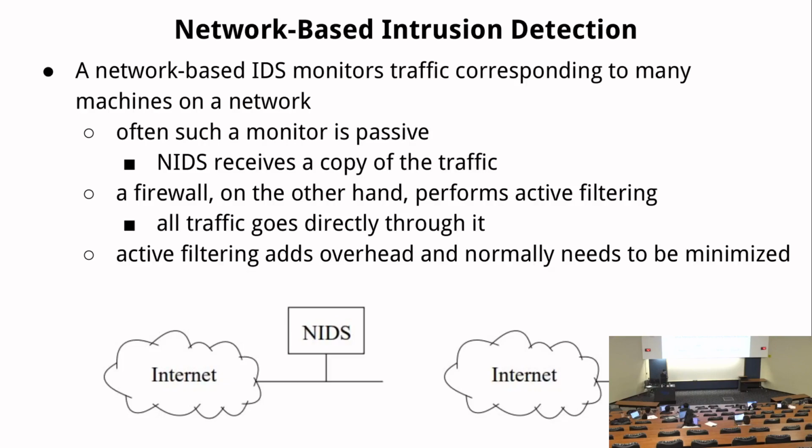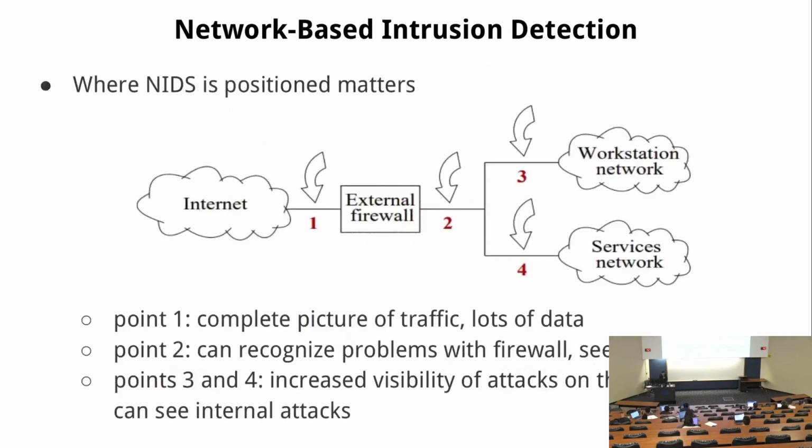But like I said, now things are blurry with things like SDN. All the switches can implement intrusion detection. They can also implement a firewall. So the boundary is actually very blurry now. Traditionally, where we position them actually matters. Let's say we have an external firewall, then we have many different local networks, a workstation network, a service network.